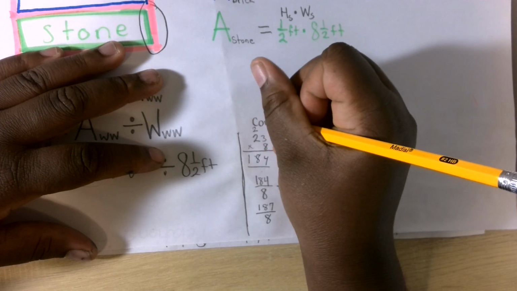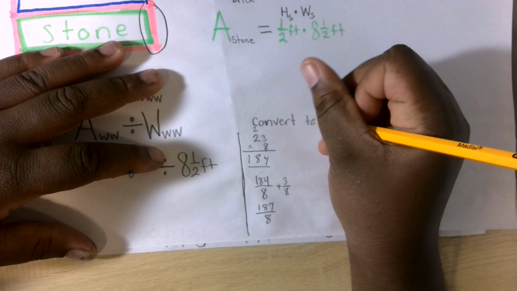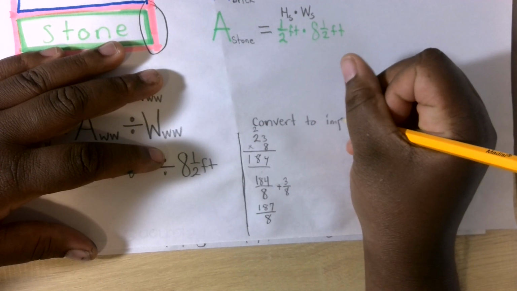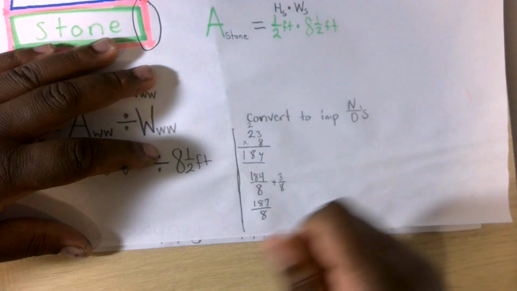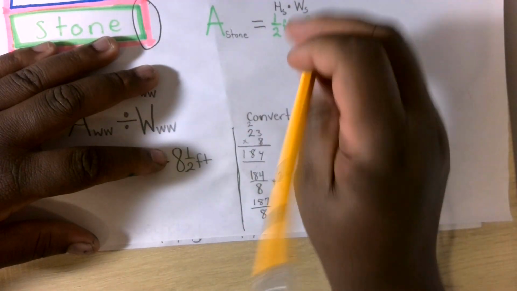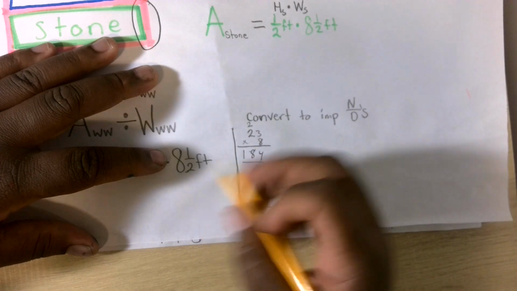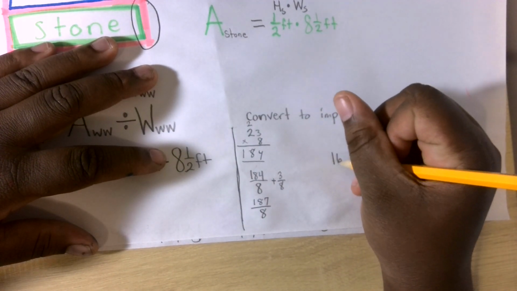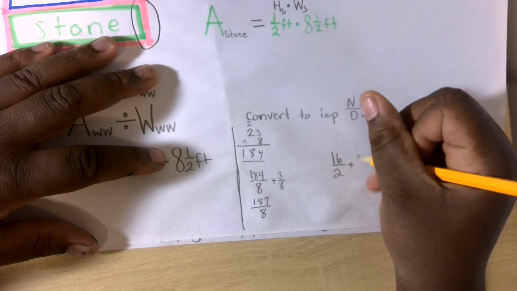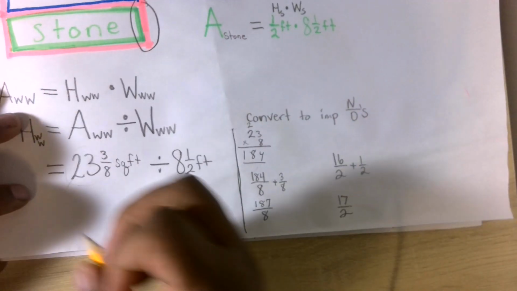Here I'm converting to improper fractions. 8 whole units will give me 16 halves, plus the 1 half I already had gives me 17 halves.